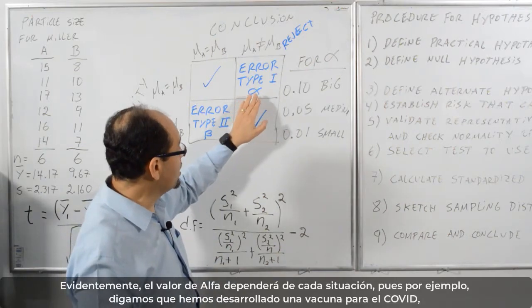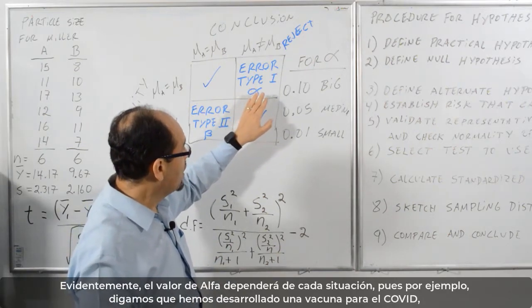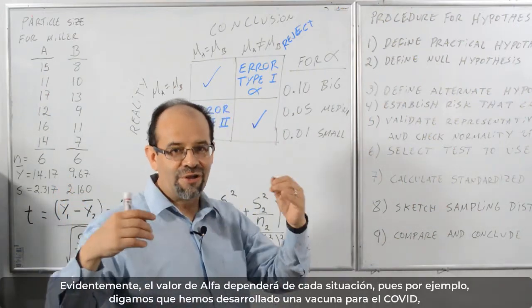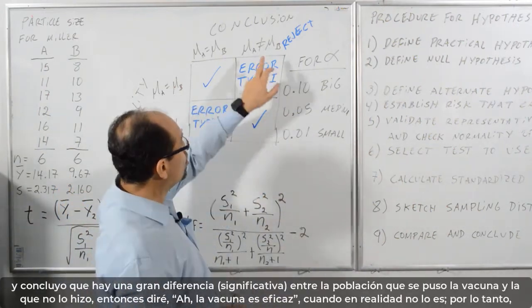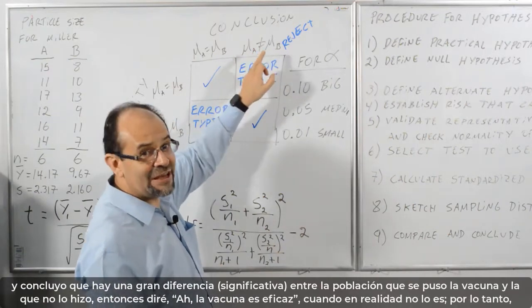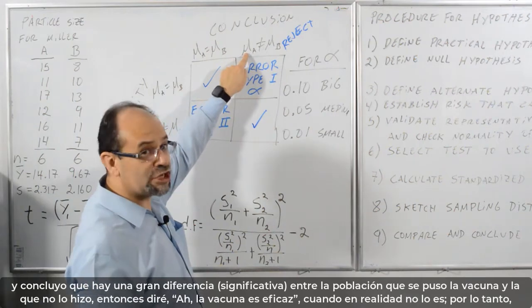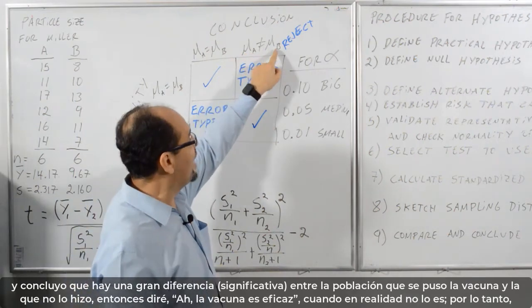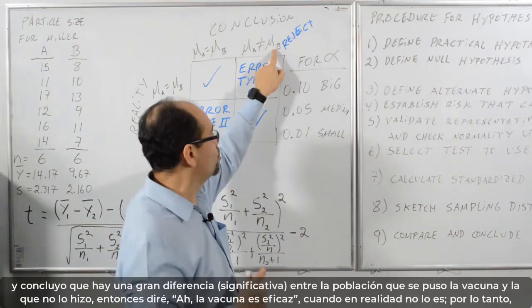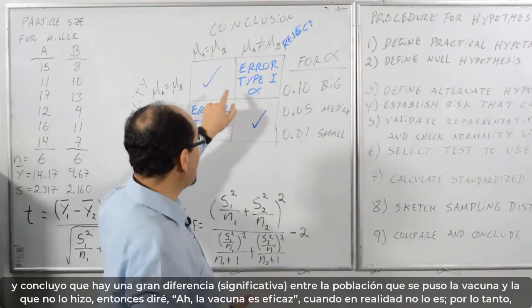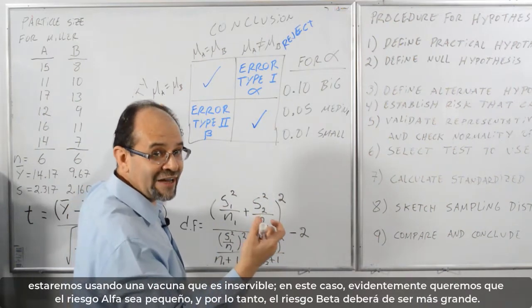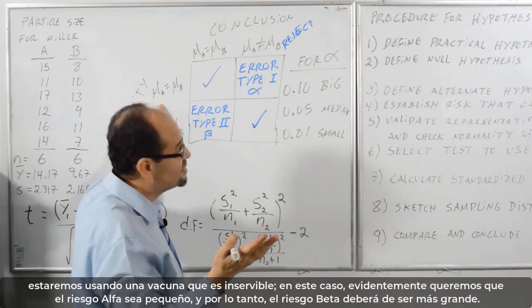Because, for instance, let's say that I have developed a vaccine for COVID, and my conclusion is that the difference is big, is significant, between the population that is not having the vaccine and the population that is having the vaccine. This vaccine is useful. That is great, but in reality it is not. Then I will be using a vaccine that is useless.